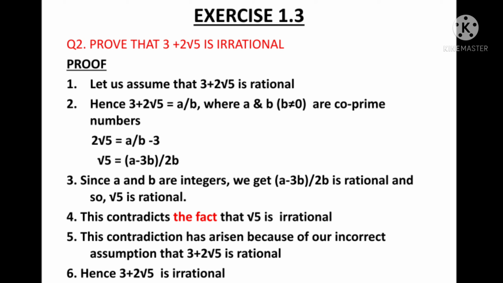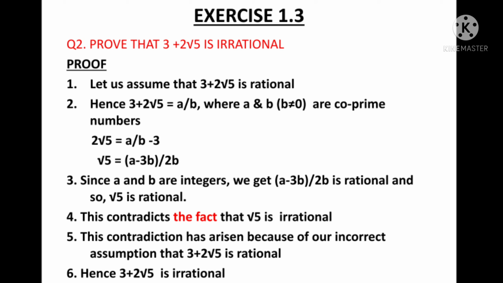Now look at the view foil. You can see it. The first step is the same thing. Let us assume that 3 plus 2 root 5 is rational, and we will write it in the form a by b. Now 2 root 5 is equal to a by b minus 3. Therefore root 5, we want only root 5 on the left hand side. We have taken everything to the right hand side. On the right hand side you see that the complete thing is a rational number, because a is an integer, b is also an integer.